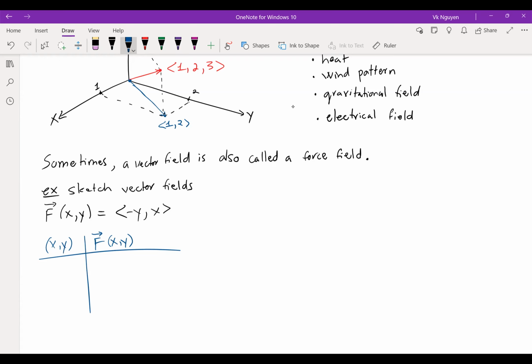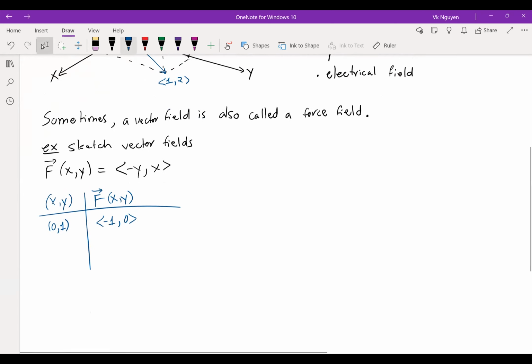Okay, so x, y, pick point 0, 1, something so I can sketch. The vector here is -1, 0. Okay, let's sketch this thing out. So at the point 0, 1, we have a vector field -1, 0.